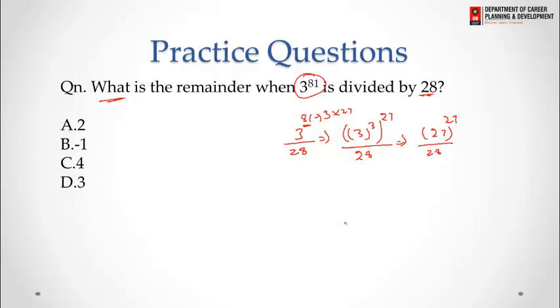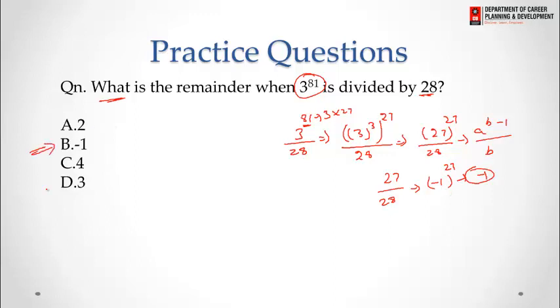Now we have two concepts to solve this question. The very first is Fermat's theorem, a power b minus 1 divided by b, where a and b are co-prime numbers. This can also be used, or we can say if 27 is divided by 28, the remainder is minus 1, and minus 1 power 27 is minus 1, that is the answer.